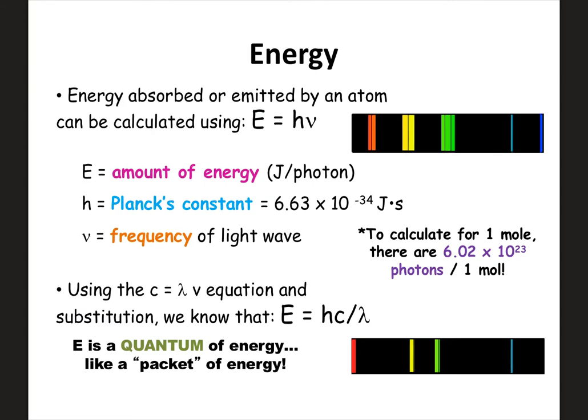We know that there's three equations here with these types of problems that we need to worry about. And I'm not focusing on the c equals wavelength times frequency in this video because we have already done that and there's nothing really new with that one. But I want to talk about the energy stuff here. So the second equation that you need to know is E equals h times frequency. Now the good news is AP does give you the c equals wavelength times frequency equation and this equation on your equation sheet.